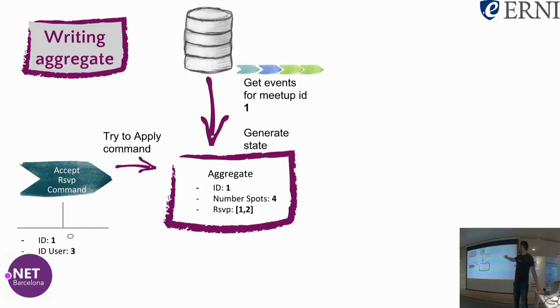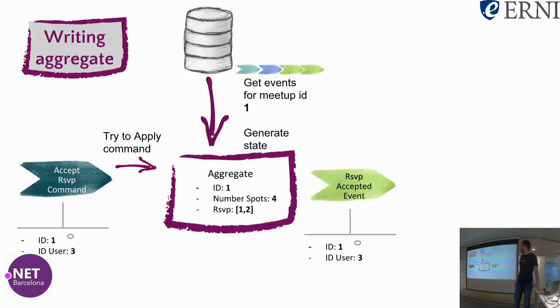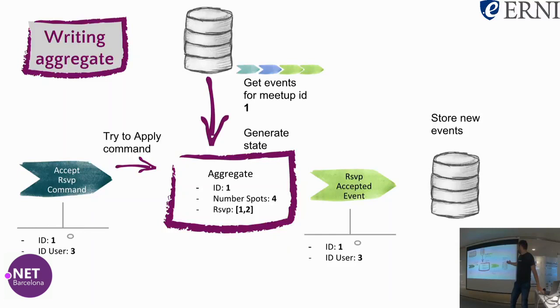Let's say we have the meetup with ID 1 and 4 spots, and we already have 2 users registered. It checks if everything is correct. The meetup is open, so it has a space left, so it generates a new event. Then we store the event in the database. We append the event to our stream.